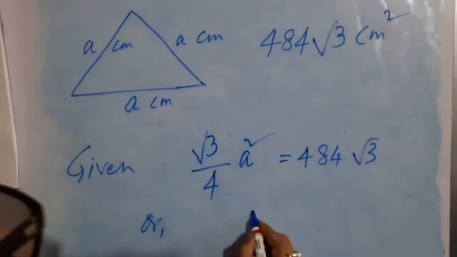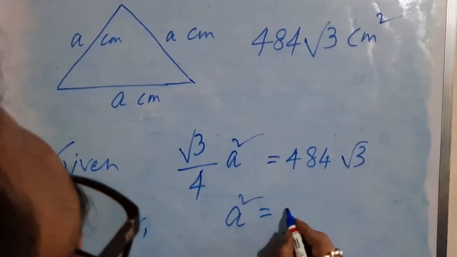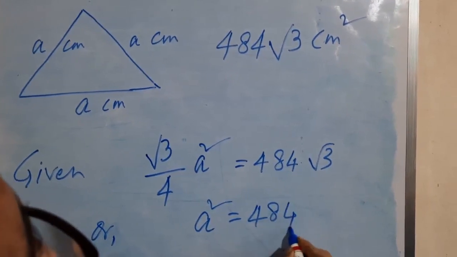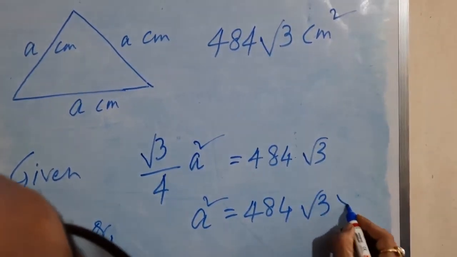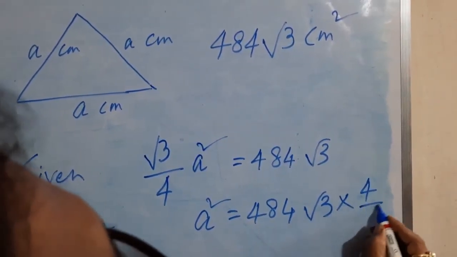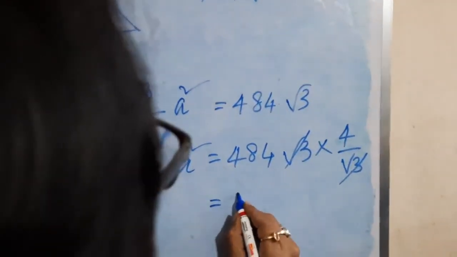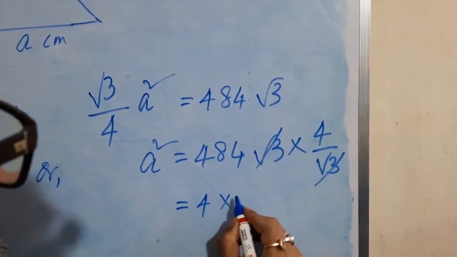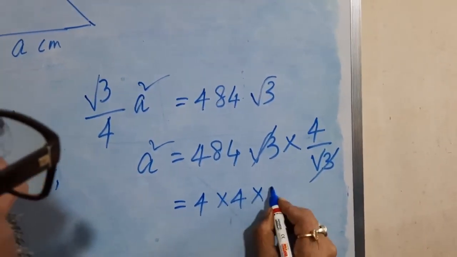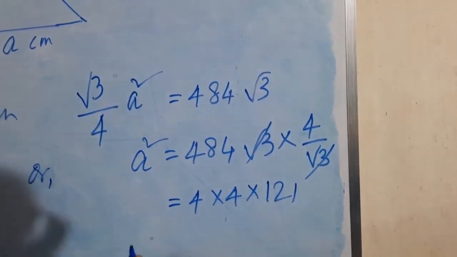Or a square is equal to 484 square root of 3 into 4 by square root of 3, equal to 4 into 4 into 11 into 11.